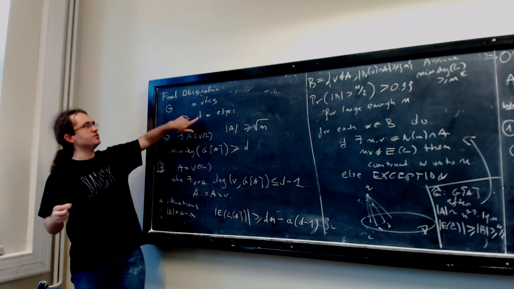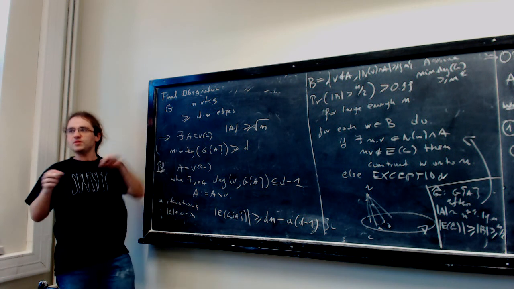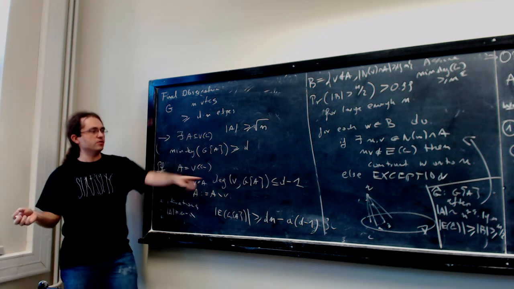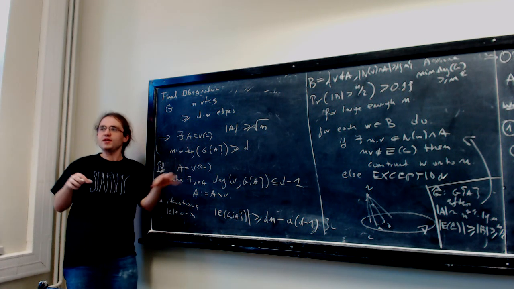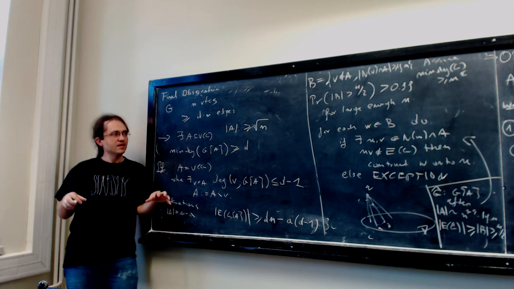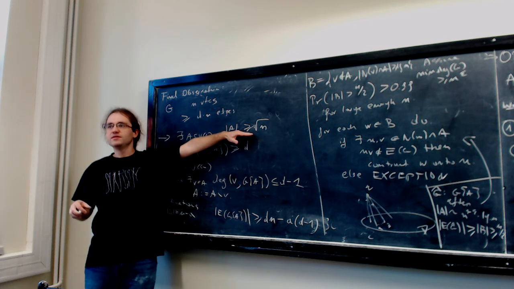On average, there are d edges per vertex, and whenever I remove one vertex, I remove only d minus 1 edges. So this extra edge accumulates per vertex, and at the moment of root n, you start to have got too many.